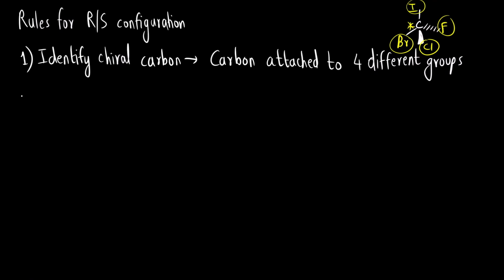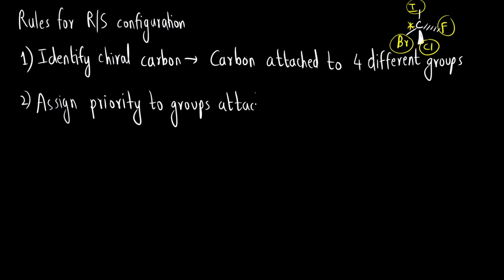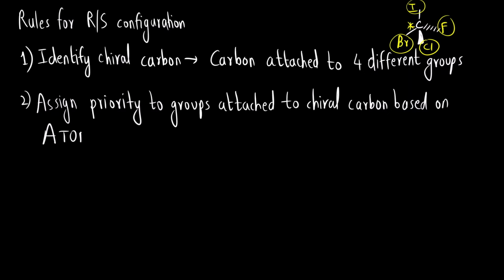What is the second step? The second step is to assign priority to the groups attached to the chiral carbon based on atomic number. This is very important, based on their atomic numbers.